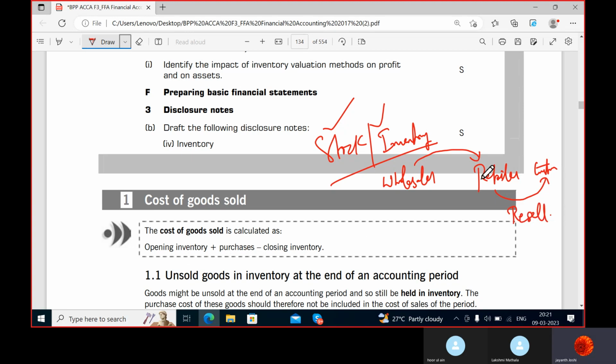Okay. So, what has retailer purchased from wholesaler? What has retailer sold to the customer? Suppose retailer bought a box from wholesaler for 100 rupees and sold this box to customer for 120 rupees. How much profit retailer made?